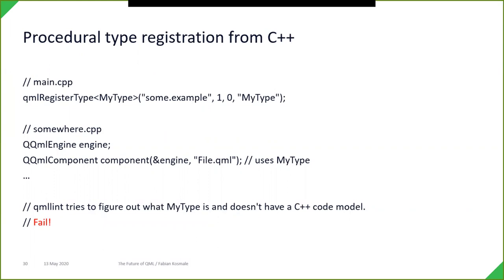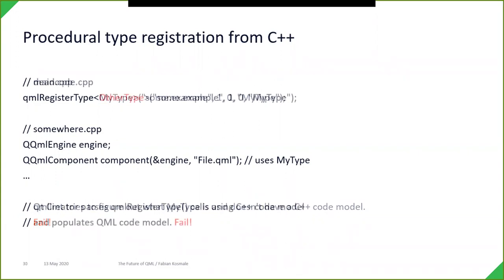So the first issue is that not all of our tooling is Qt Creator. For instance, if you use QML, you will soon run into issues. Why? Because QML has no idea about the C++ code model, so it has no idea what my type is referring to.